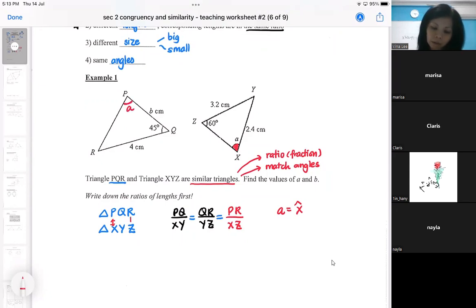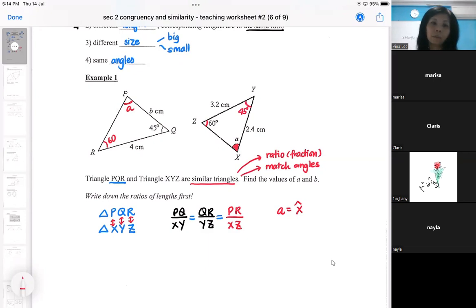Then Z is angle R. So angle R, so this is a 60. If you do some matching, you will realize how you can find A. So you can match everything. So this one will be a 45.